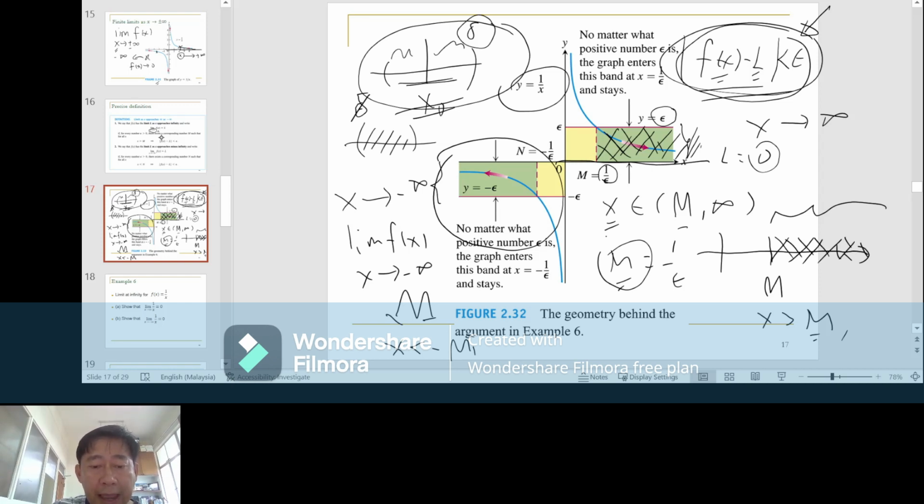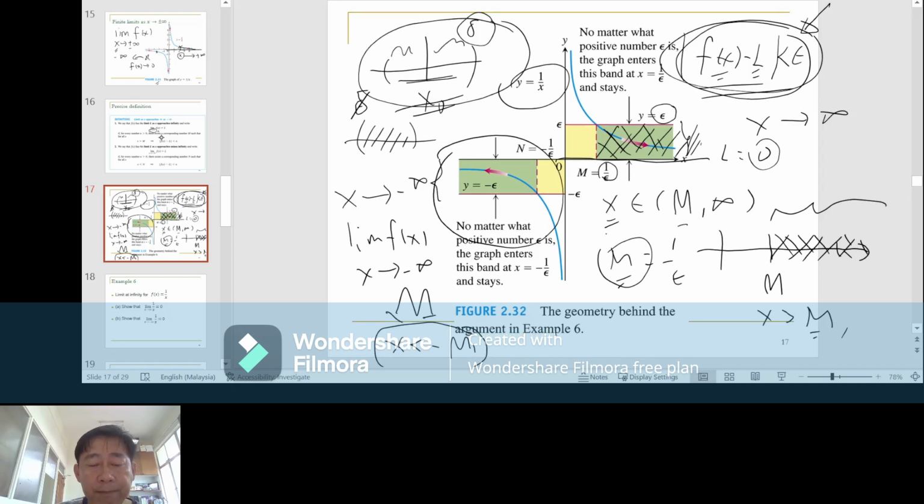Okay, so in this case, the role of m is played by 1 over epsilon here. So for all x that is less than 1 over epsilon with a minus sign, the function is always sandwiched within this green region.